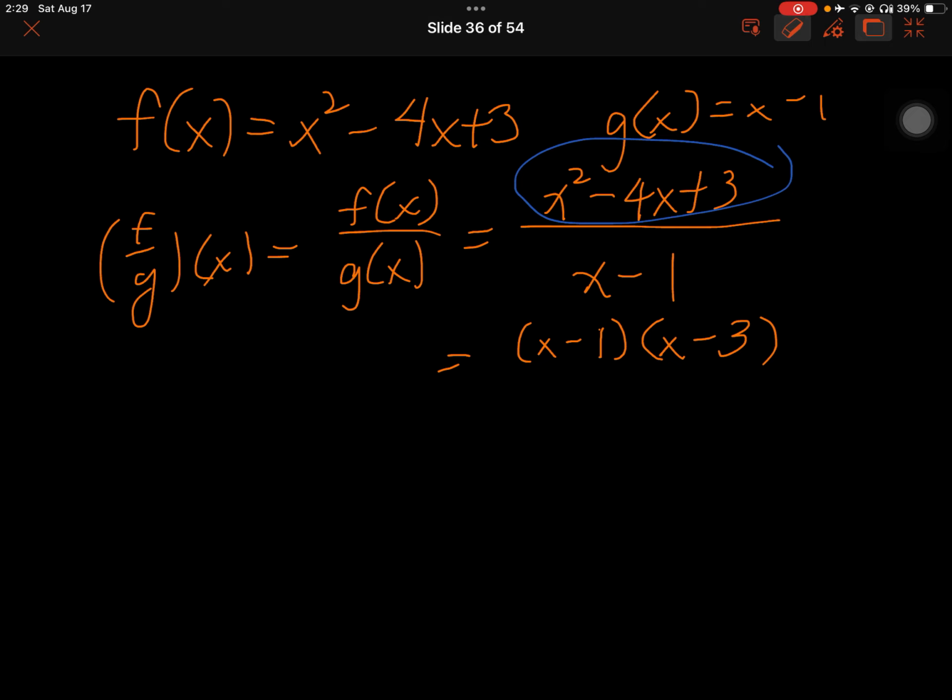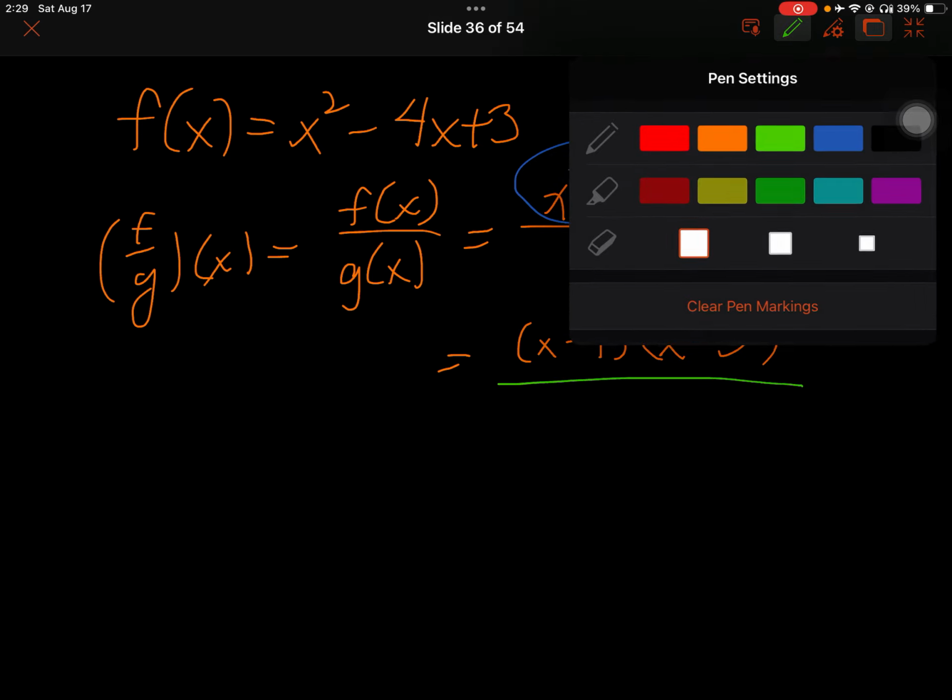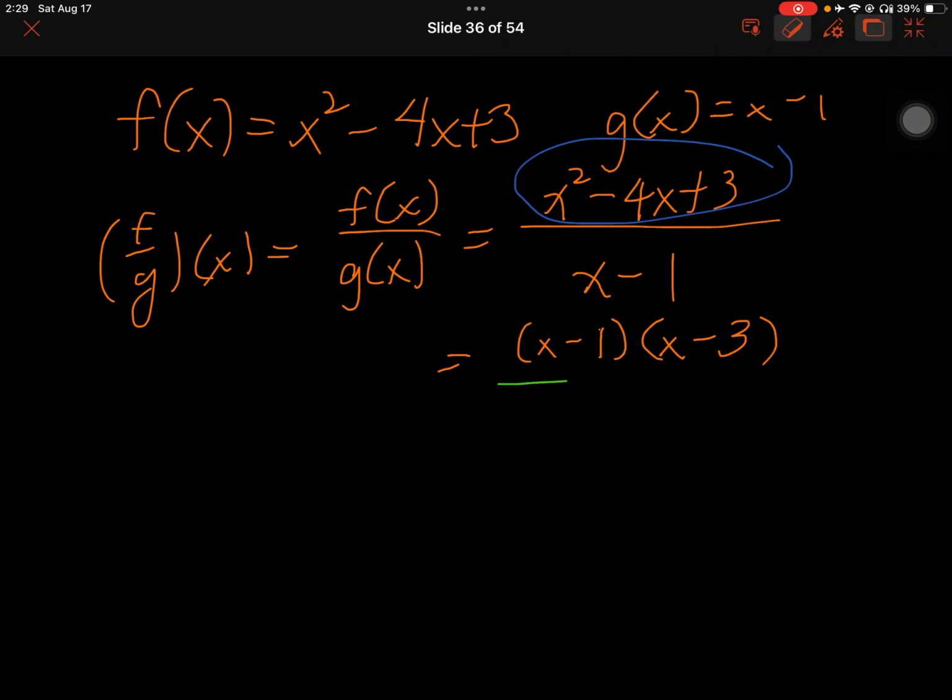So we have here the factor of the numerator. So quantity x minus 1 times the quantity x minus 3 all over x minus 1.